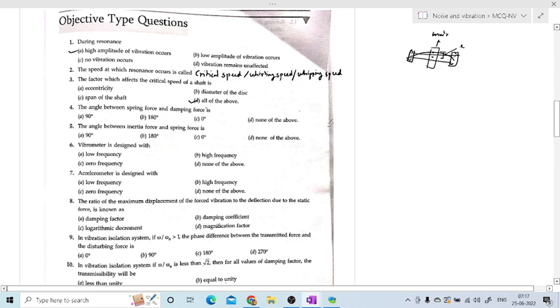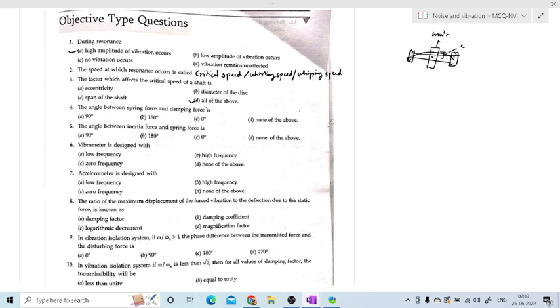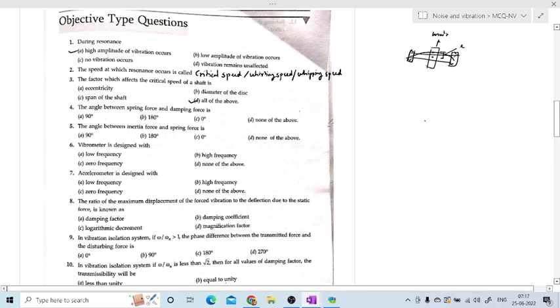See, in any normal differential equation there is spring force, there is inertia force, and there is damping force. And if I plot the graph of that differential equation, that graph is, let me plot it, children.